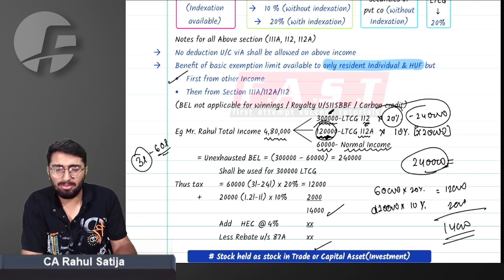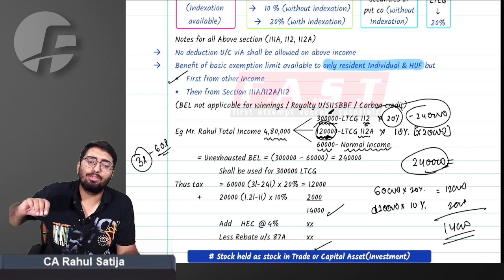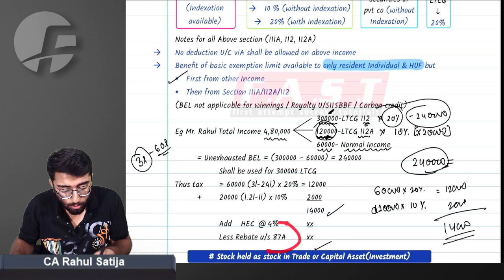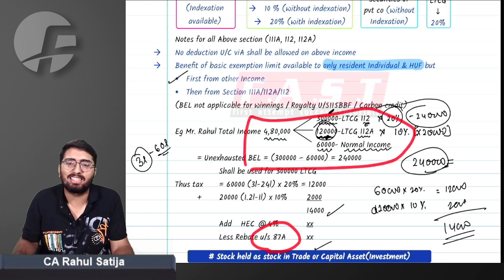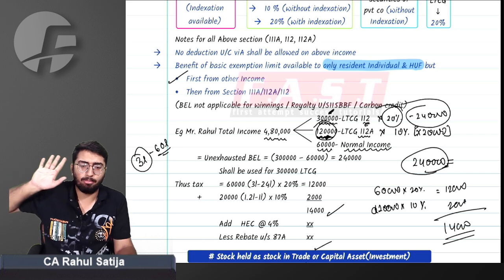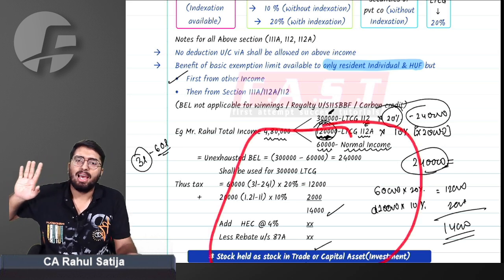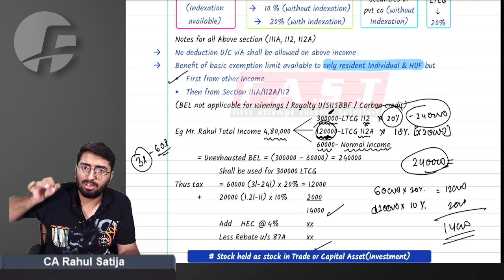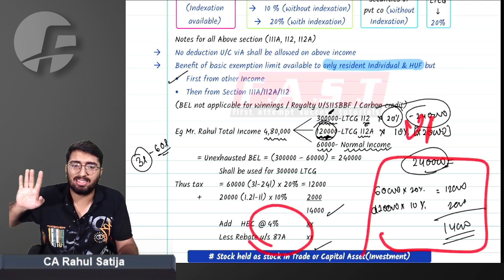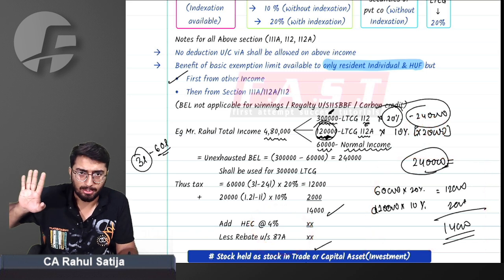Ideally, rebate should be allowed. As per the provisions of the CA Final curriculum, rebate under section 87A will be allowed against this specially taxed income. But the ITR utility for this assessment year has not provided any rebate for this specially taxed income. The ITR utility has not allowed any rebate under section 87A for specially taxed income under the new tax regime under 115BAC.